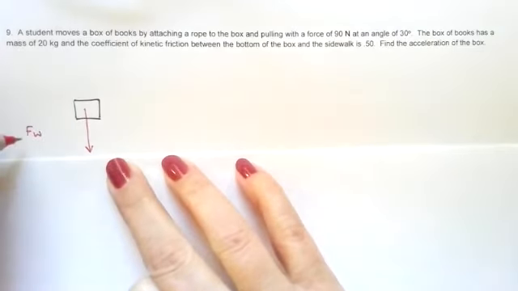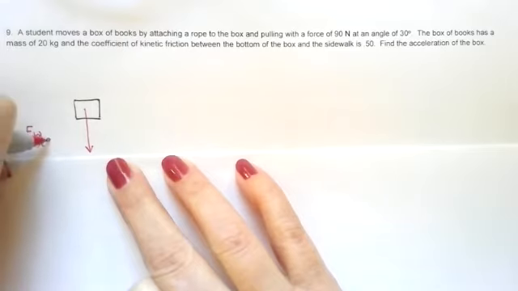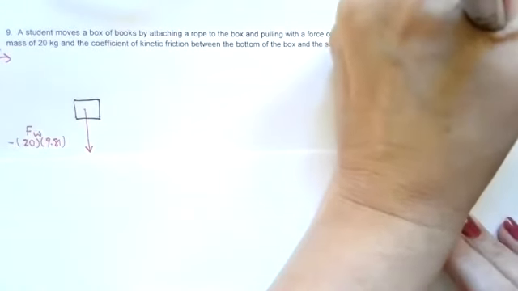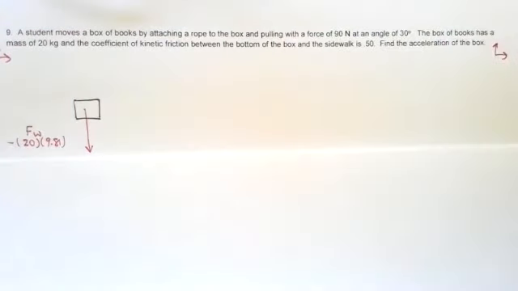F sub W is going to be 20 times 9.81, and this is going to be negative because we're going with a traditional coordinate system. When I multiply this, I get negative 196.2.